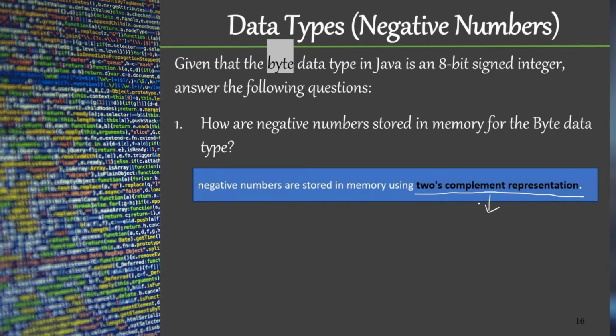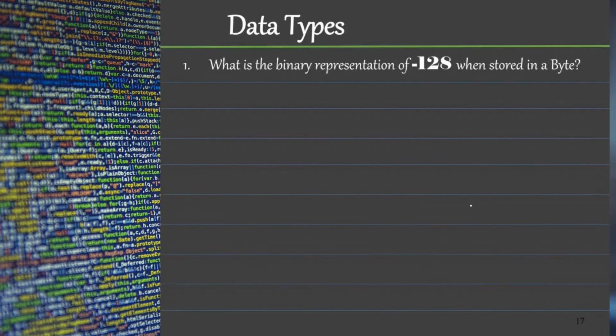For storing negative numbers, what we use is 2's complement representation. Let me prove what I'm saying: for example, if you are trying to find the memory representation of -28, you have to store it in 2's complement way.